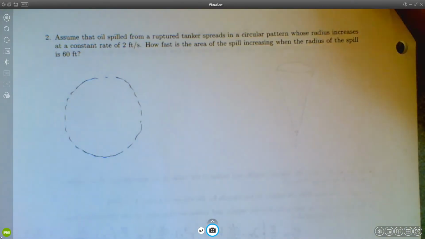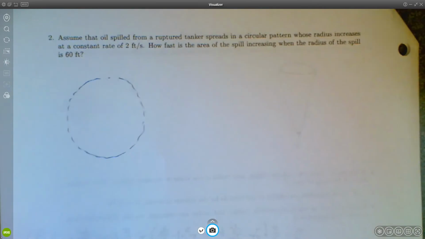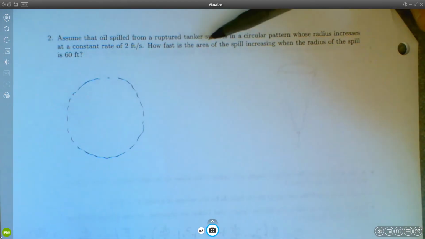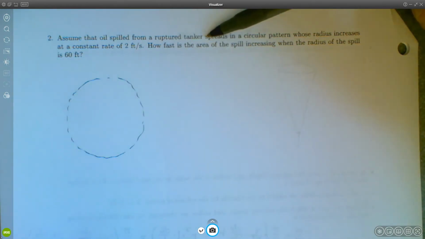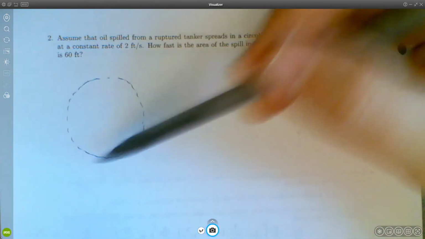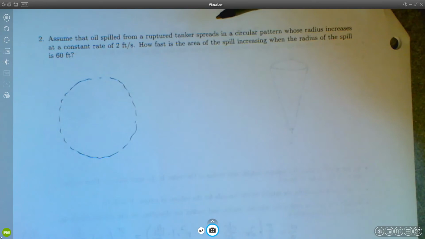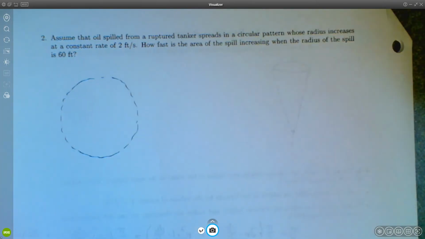Okay, so it's spreading out in a circular pattern at a constant rate of 2 feet per second. It says, how fast is the area of the spill increasing? So we want to find the area of this circle, and then find how fast it's increasing. So we probably are going to differentiate with respect to time t.